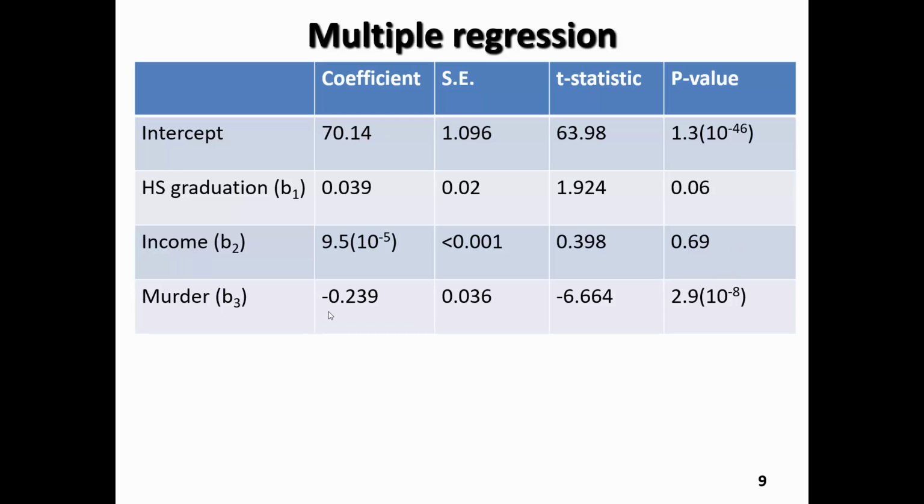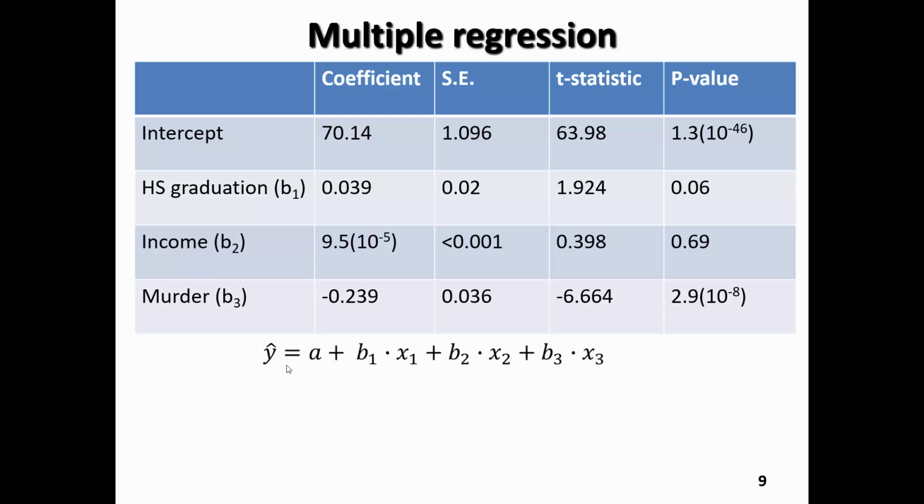The murder rate coefficient, as we can see here, is statistically significant as a predictor at negative 6.664. That's the actual t-statistic with a very, very small p-value. So this is the second table that is produced from a computer program running multiple regression analysis.